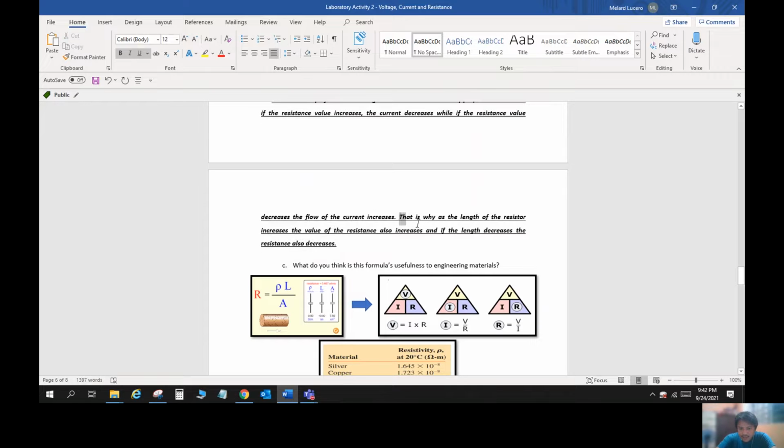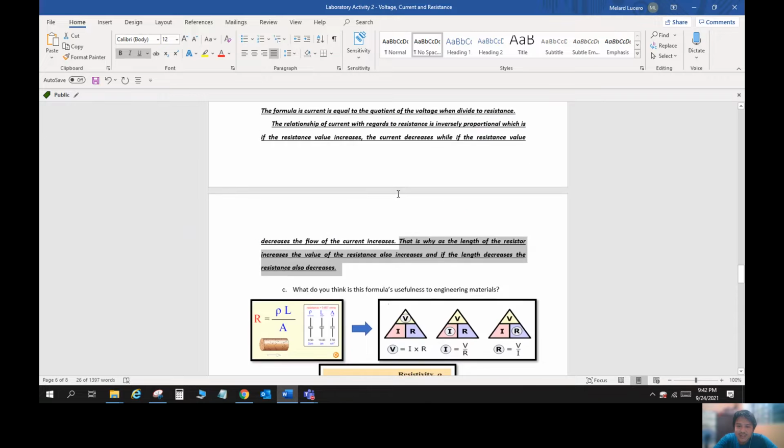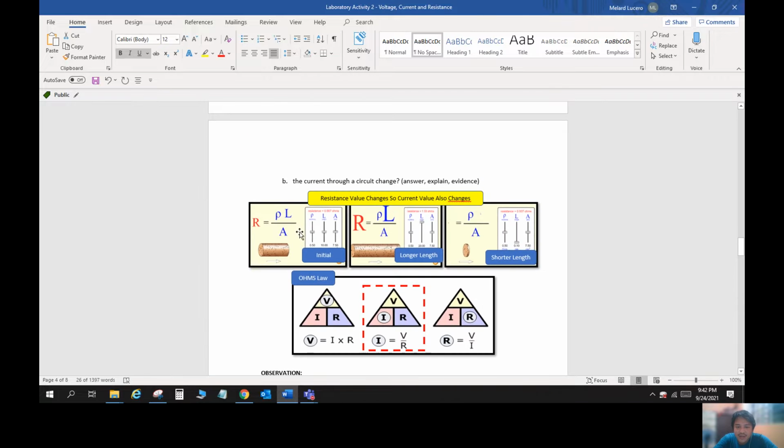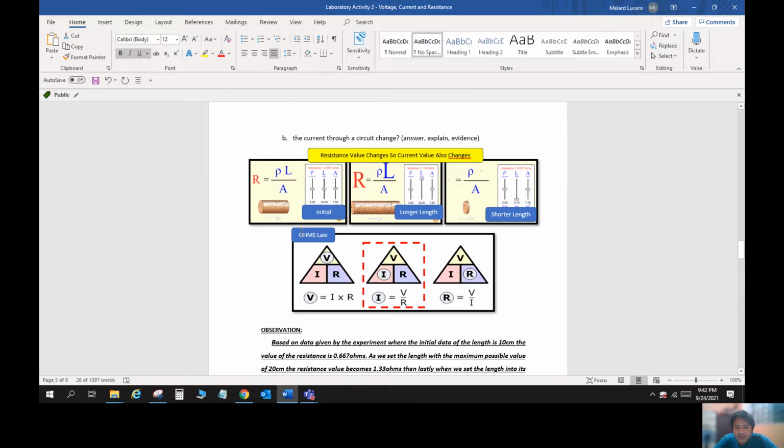Okay, so ang relationship po ng ating length to the resistance is directly proportional, dahil habang humahaba yung length niya, tumataas din yung ating resistance. Then habang bumababa yung length or mas umiikli siya, bumababa rin yung kanyang resistance. Okay, so this is basically our observation of the relationship of the current to the resistance, and the resistance to the length.